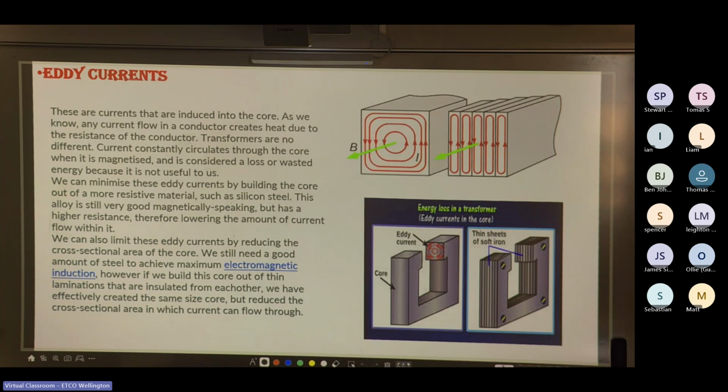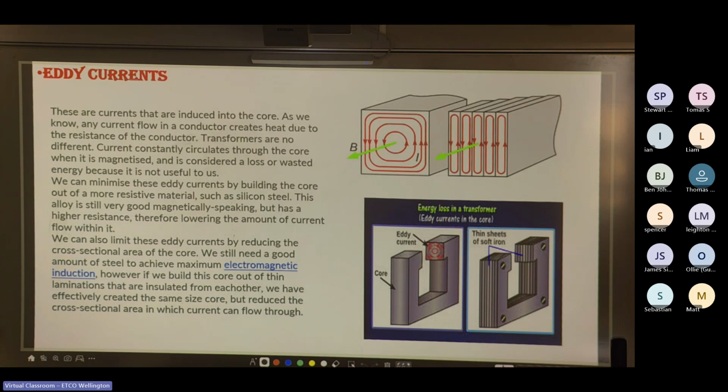We can minimize these eddy currents by building the core of a more resistive material, such as silicon steel. This alloy is still very good magnetically speaking, but has a higher resistance, therefore lowering the amount of current flow within it. We can also limit these eddy currents by reducing the cross-sectional area of the core. We still need a good amount of steel to achieve maximum electromagnetic induction.